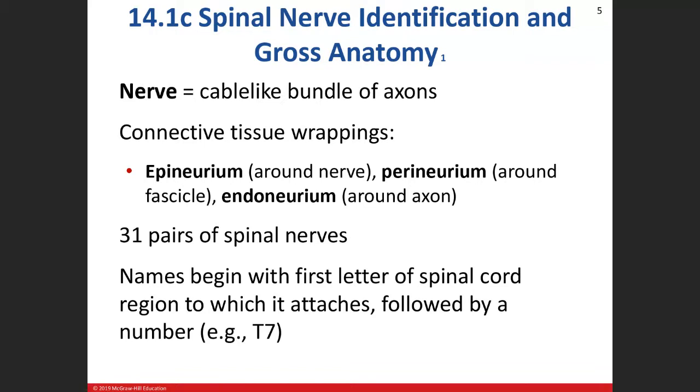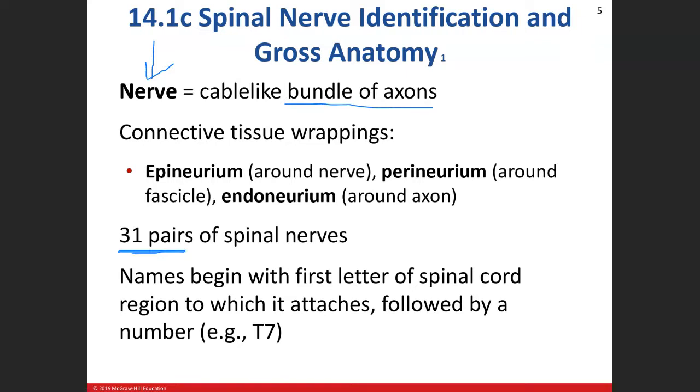So just to kind of remind you, a bundle of axons in the peripheral nervous system is a nerve, right? I won't review the coverings because I'm sure you know those already, because you folks have been studying like crazy. But we have 31 pairs of spinal nerves.